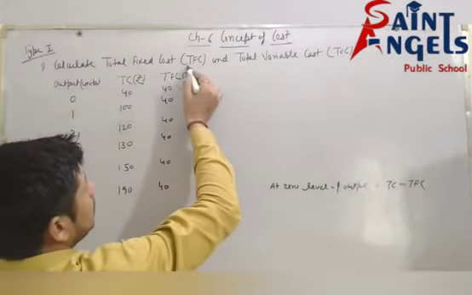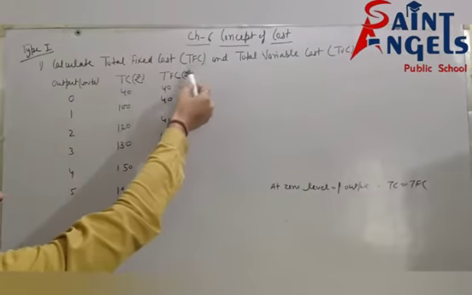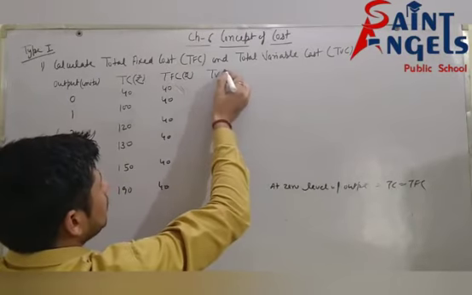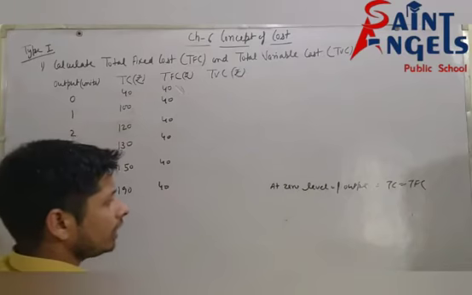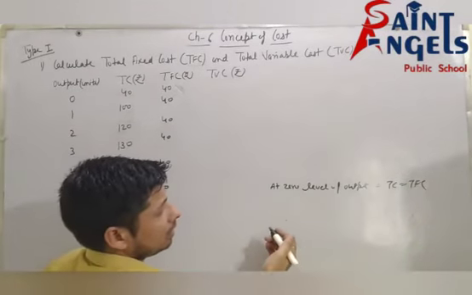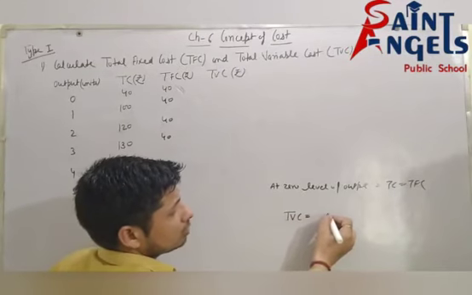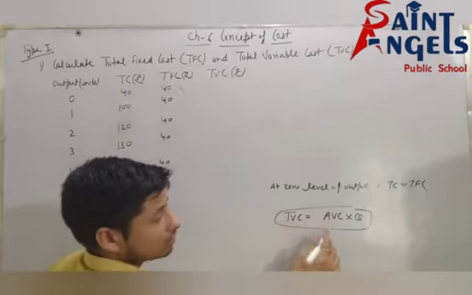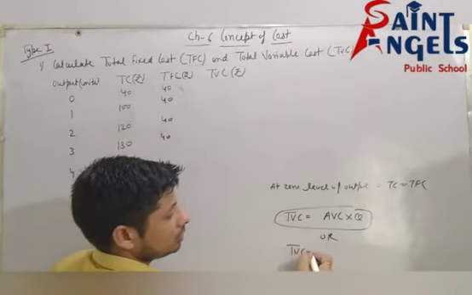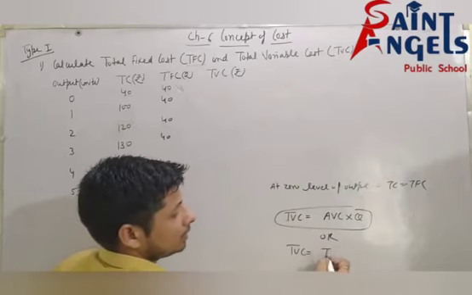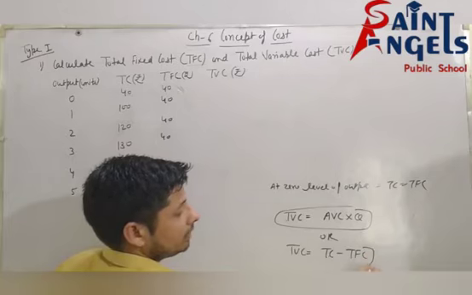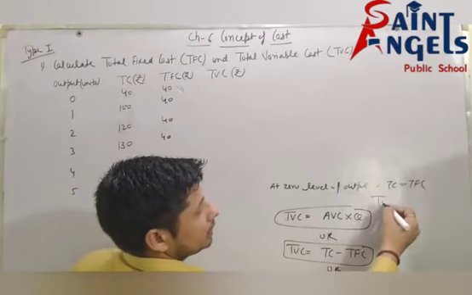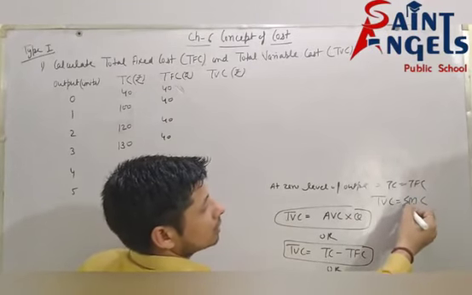See, now we have calculated TFC here. Now total variable cost. You know the formulas of TVC: TVC is equal to ABC into Q, or TVC is equal to TC minus TFC, or TVC is equal to sigma MC.